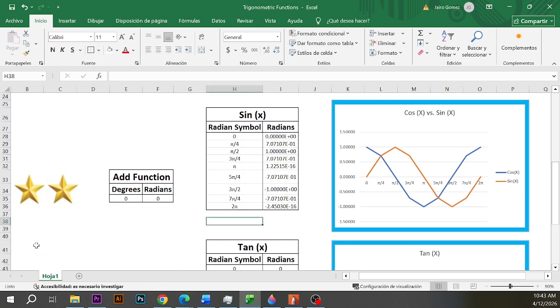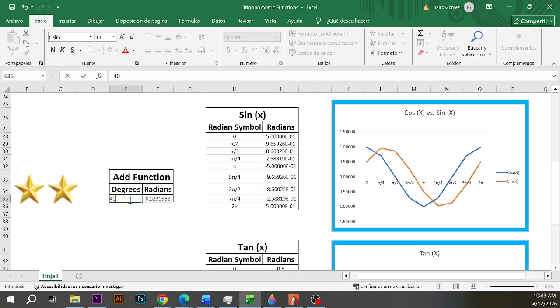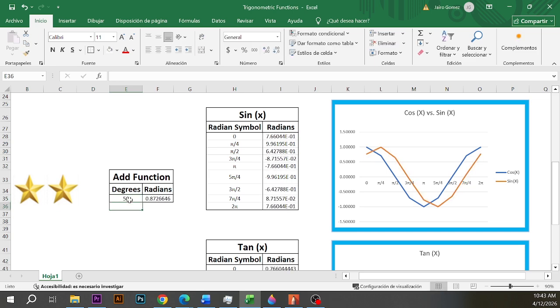So what happens with sine and with cosine? Here in blue is our cosine, and here in orange is our sine. How far apart is sine from cosine? Well, let's see what happens. If we add 10 degrees, it looks like it's getting closer. 20, 30, 40, 50, 60, 70, 80, 90.